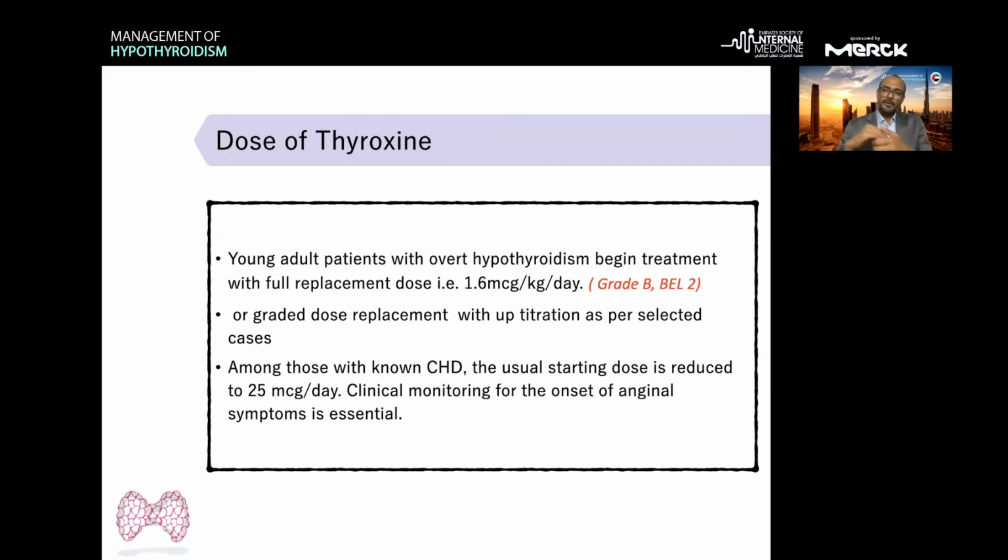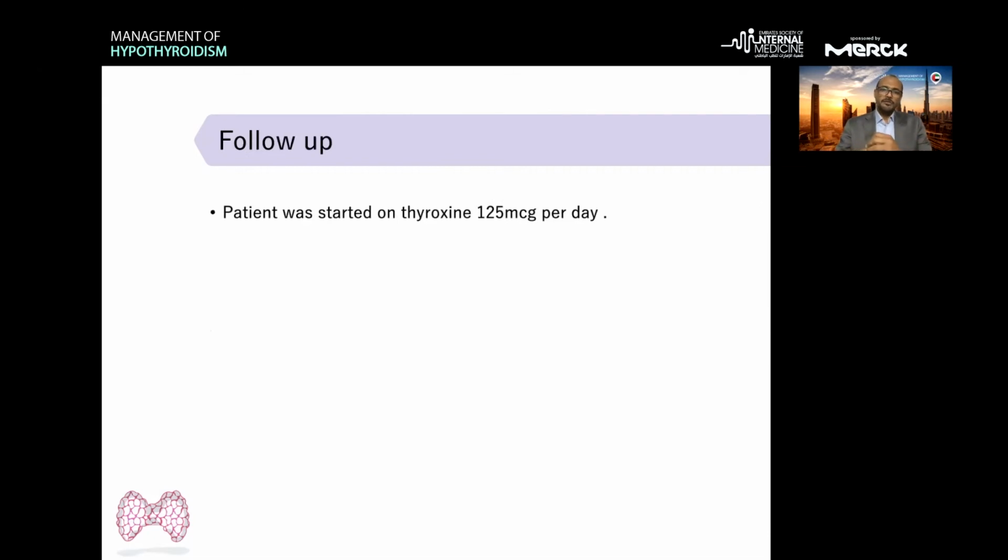Now, in patients with coronary heart disease or patients with arrhythmia, we can usually start with a smaller dose. We can start with 25 microgram per day, and then we increase it gradually, and we monitor for symptoms of angina or chest pain. So for this patient, she has been started on thyroxine 125 microgram per day.